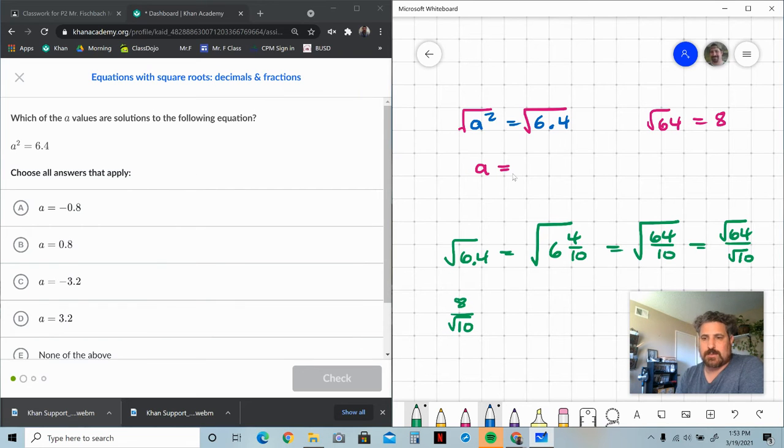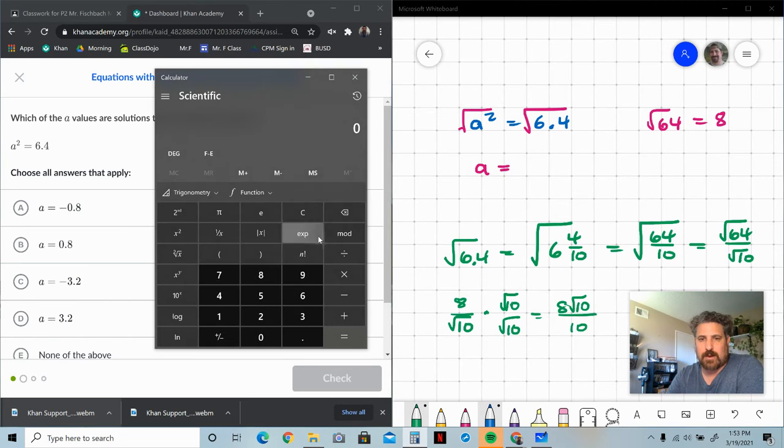Let's rationalize it. You can multiply top and bottom by the square root of 10, and you're going to get 8 square roots of 10 all over 10. So what I'm going to do then is multiply that on a calculator, which is easier. So this is 8 times the square root of 10. Let's get the square root of 10, get that value, and then multiply that by 8 so that we don't lose any value.